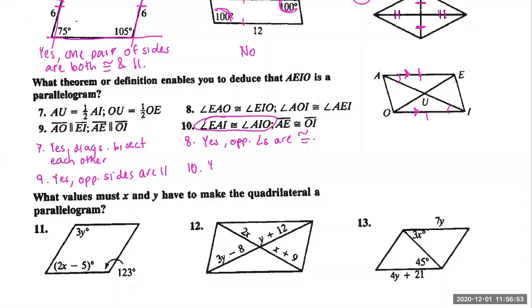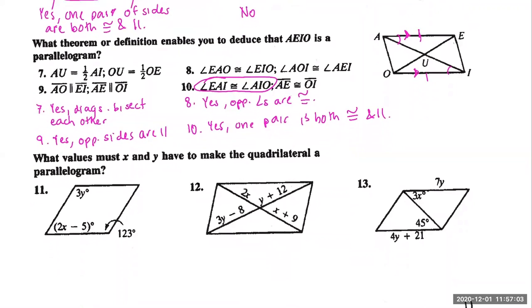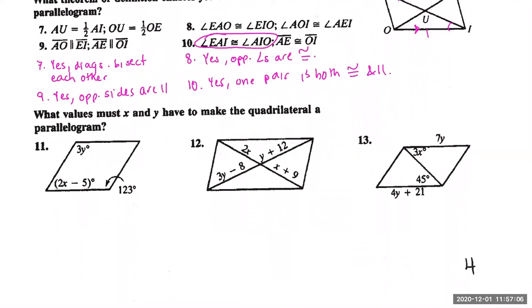So actually, yes, because one pair is both congruent and parallel.